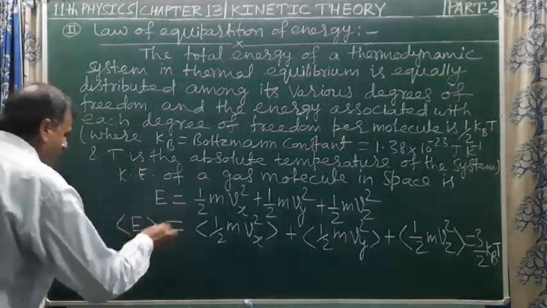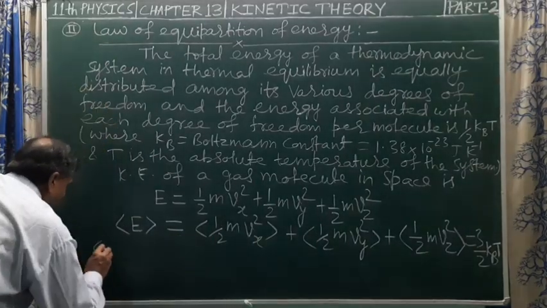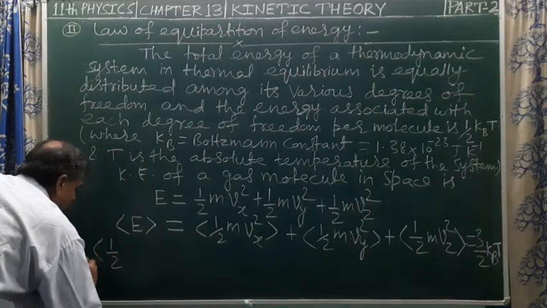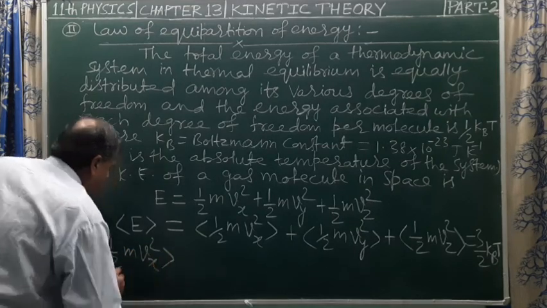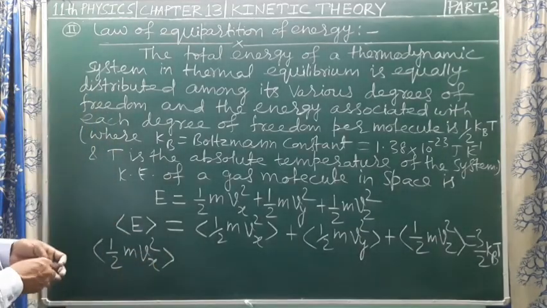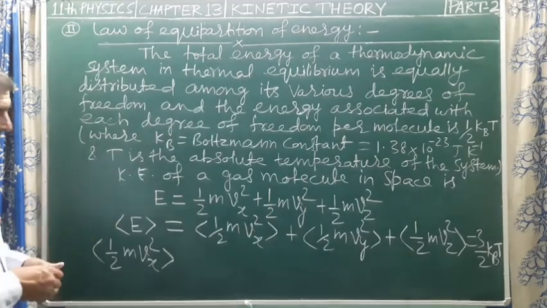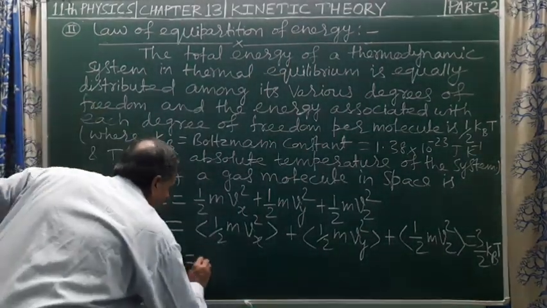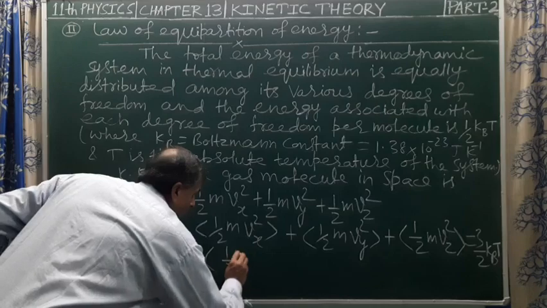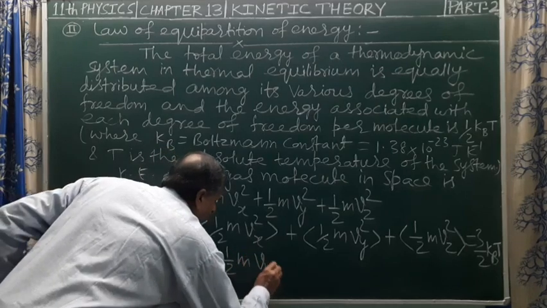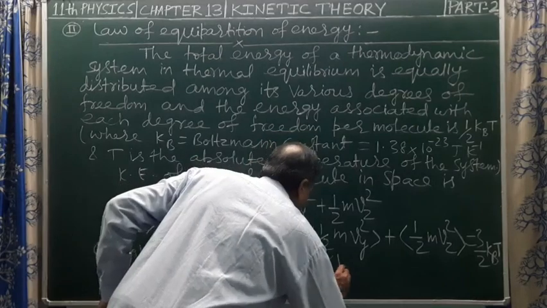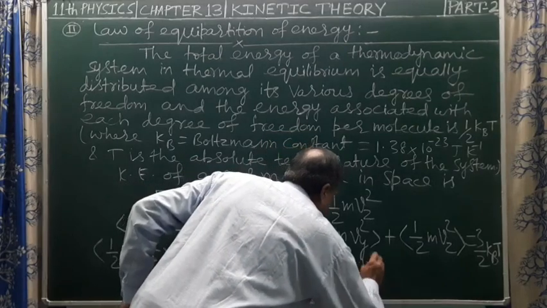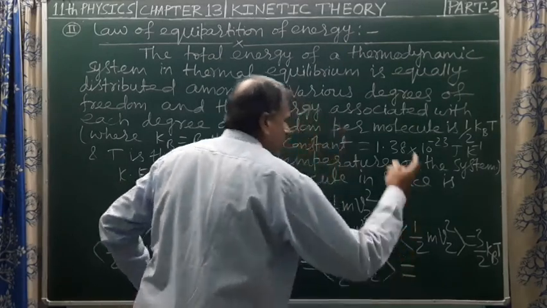So half m vx square under angular bracket, that is the average kinetic energy of a gas molecule along the x-axis, equals half m vy square under angular bracket, equals half m vz square under angular bracket, equals 1/2 kT.